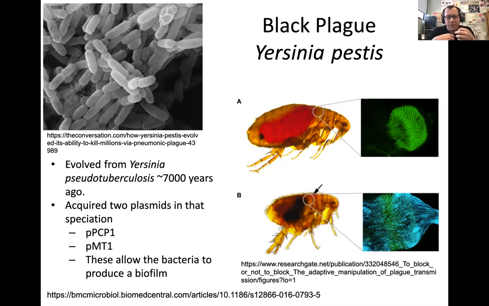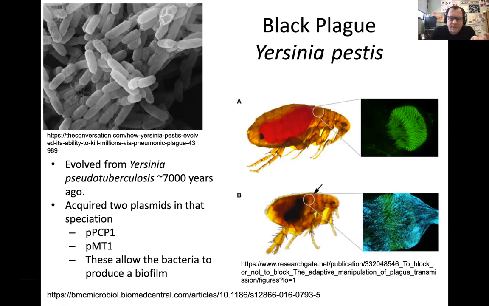And so the bacteria are in here, they're making the biofilm, they're preventing proper digestion in the flea. So the flea will go bite an organism, it'll get a little bit, but then it kind of regurgitates because its digestive tract is full. And so then it has to pop off and it goes and gets another organism, and it does the same thing.